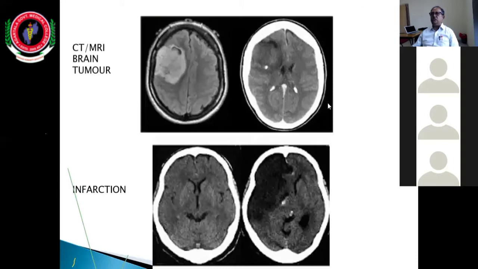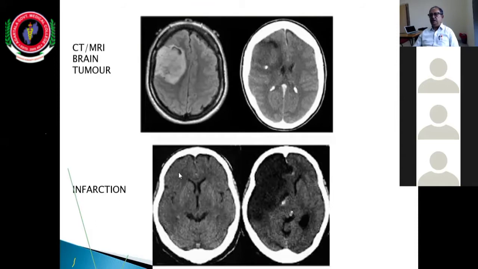Now I want to show a few images of the CT scan. This one is the CT scan of the brain, showing a hypodense area at the frontal region with mass effect. And this is the MRI image showing a hyperintense focal lesion in the similar location.